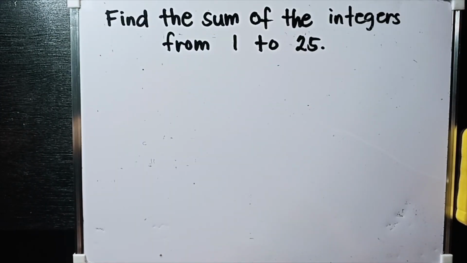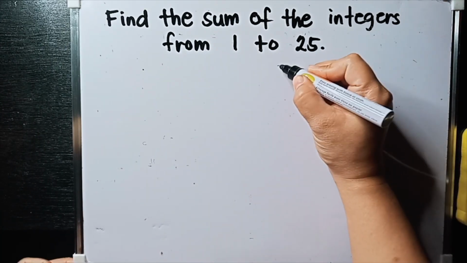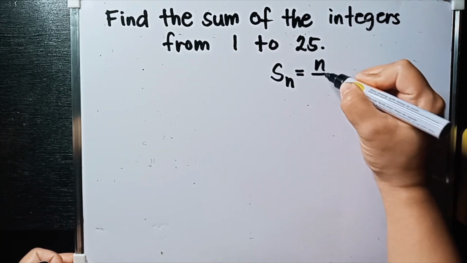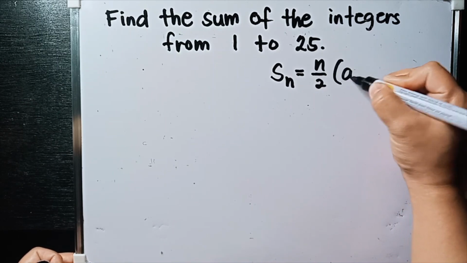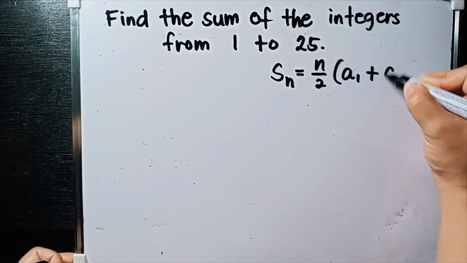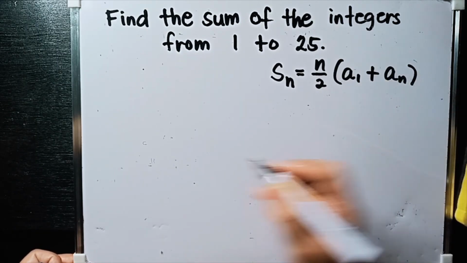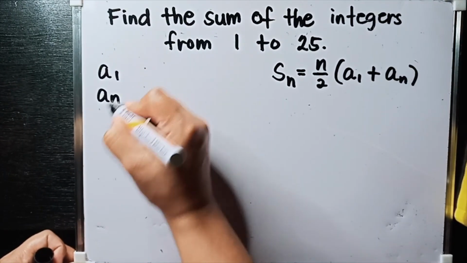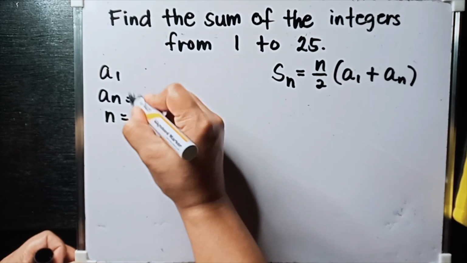Moving on with the next example, find the sum of the integers from 1 to 25. So, this is again an example of a finite sequence. So, again, we will be using our formula. S sub n equals n divided by 2 times the quantity first term plus the last term. Identify natin yung first term, yung last term, at yung value ng n.